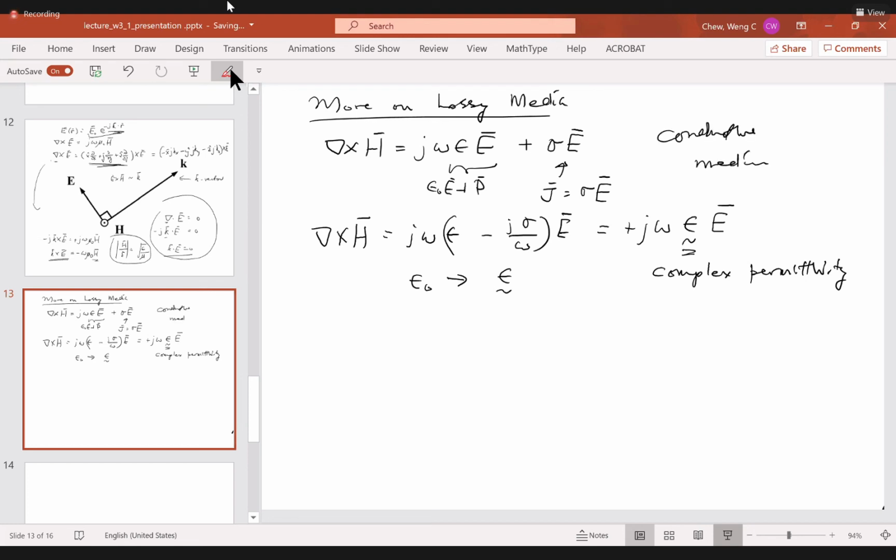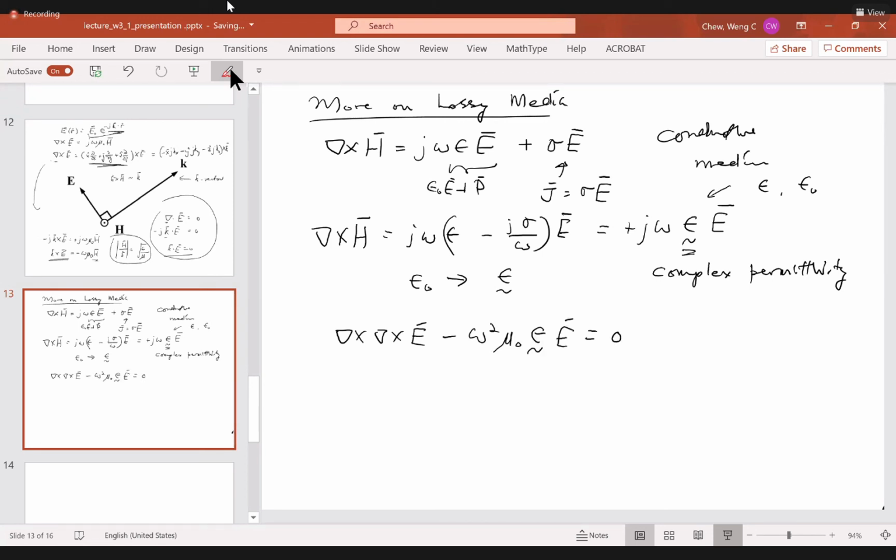We learned how to solve Maxwell's equations when this was epsilon or epsilon naught, but now that you have a complex permittivity, the same mathematical analysis applies. So you can get the wave equation as we did before, with omega squared mu naught, but now the epsilon here will be a complex permittivity.